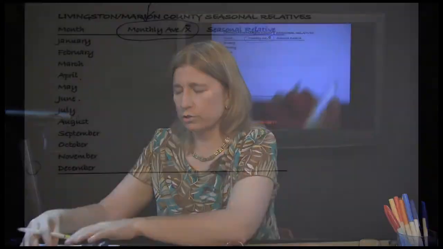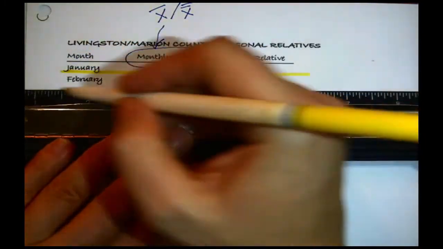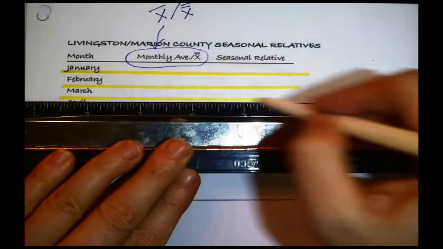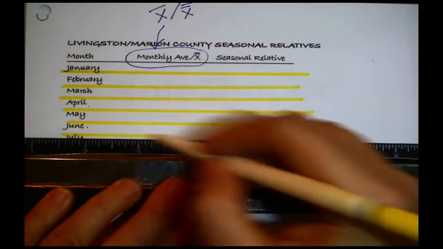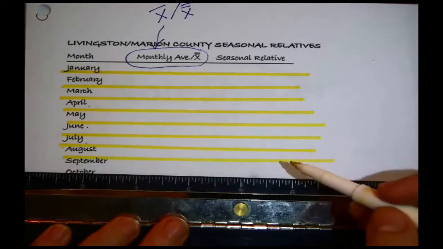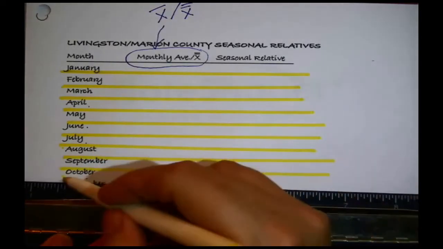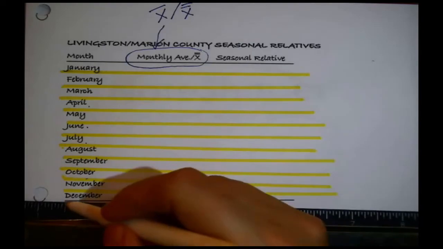Okay, now we want to do this for Livingston Medical Services, so I'm going to draw a few lines just to keep my numbers neat, because we need to find one for January, one for February, one for March, one for April, one for May, for June, for July, for August, for September, for October, one number for November, and then squeeze a number in there for December.